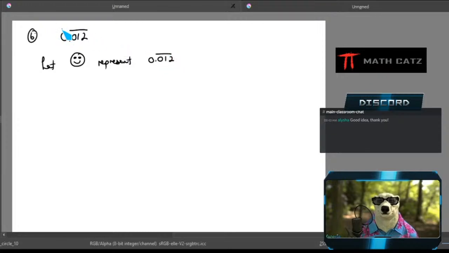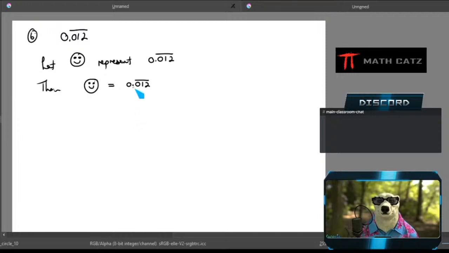I don't have any whole number portion, so I don't need to isolate it. Then we're just going to write that with our equal sign. We are not really doing much. But now we have an equation, which is a mathematical sentence.